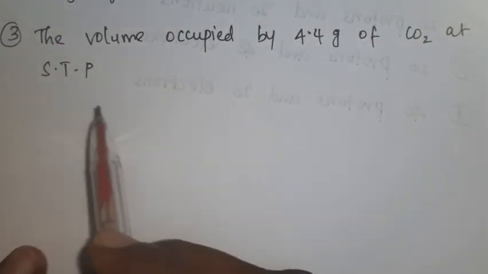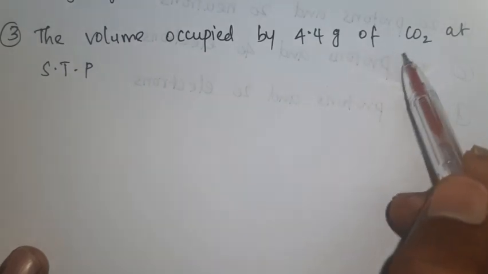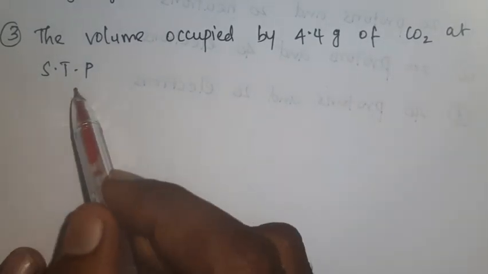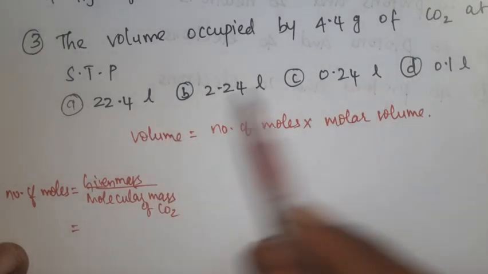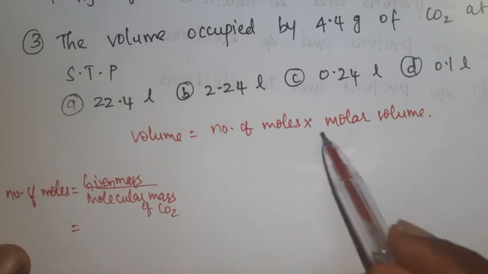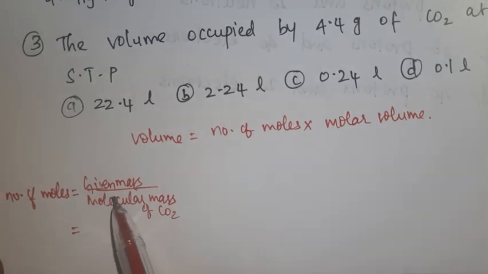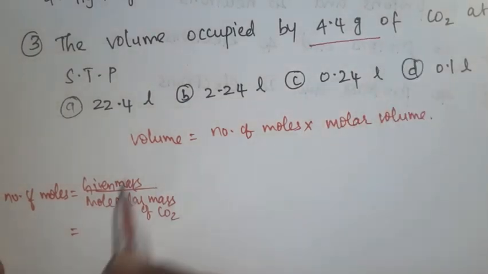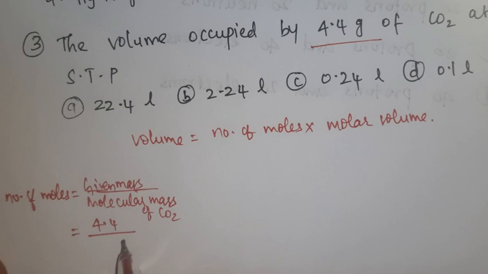Third, choose the best answer. The volume occupied by 4.4 gram of CO2 at standard temperature and pressure. Volume occupied is number of moles into molar volume. Number of moles we have to calculate. Given mass is 4.4 gram, and molecular mass of carbon dioxide is 44.